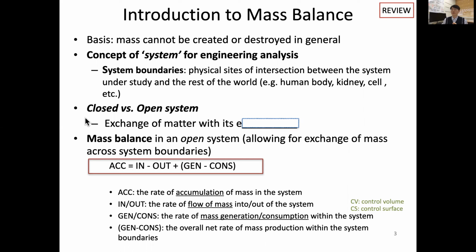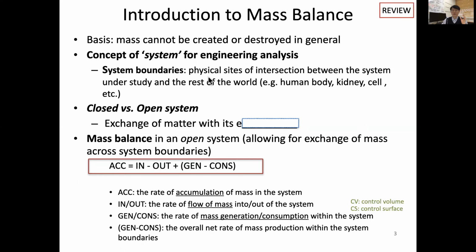We all know the mass conservation concept, which is that mass cannot be created or destroyed in general, except in nuclear fusion or fission. So for the concept of a system in engineering analysis, we want to define system boundaries.